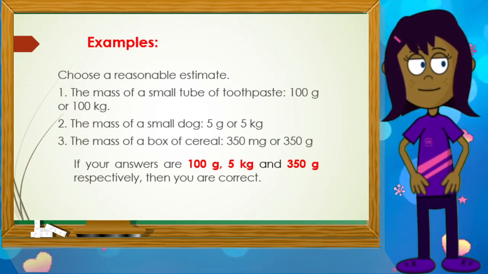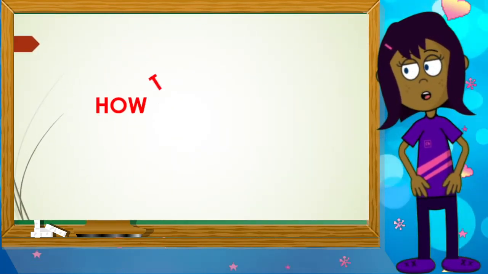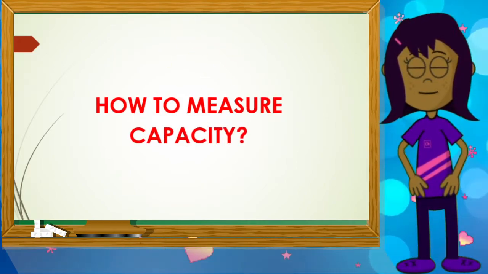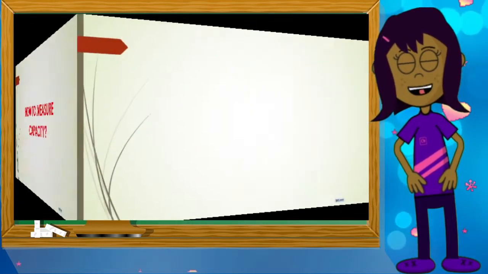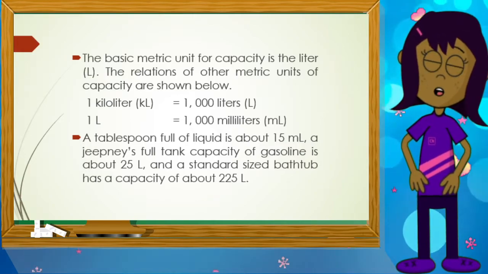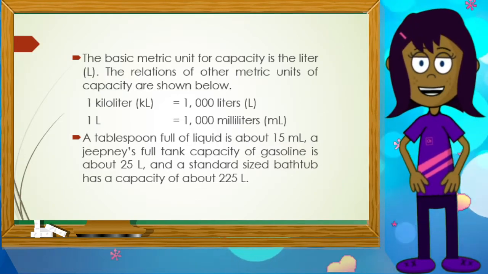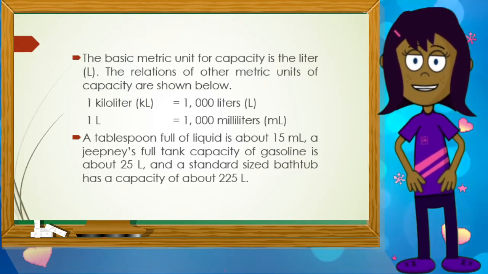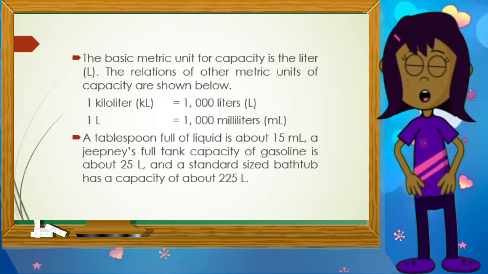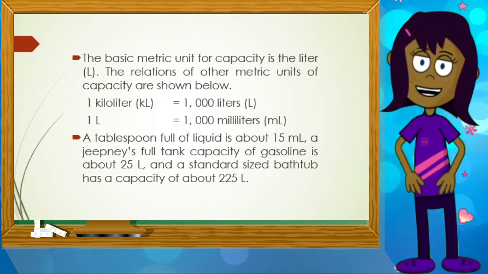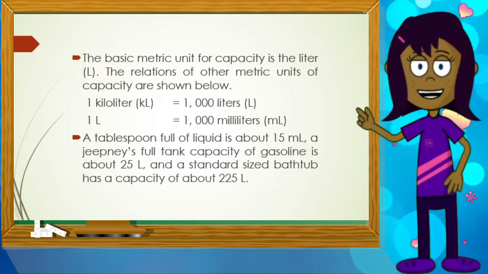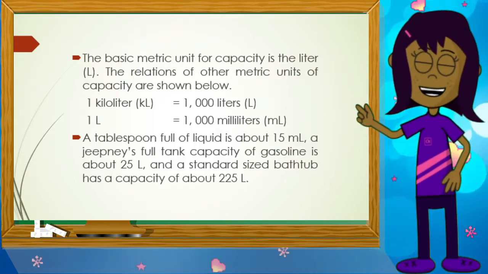Okay. Now let's proceed to measuring capacity. When you say capacity, guys, it talks about the volume, right? So the basic metric unit of capacity is the liter, which is represented by L. The relations of other metric units of capacity are shown below. 1 kiloliter or 1 kL is equal to 1,000 liters. 1 liter is equal to 1,000 milliliters.